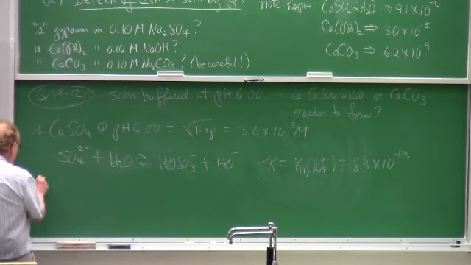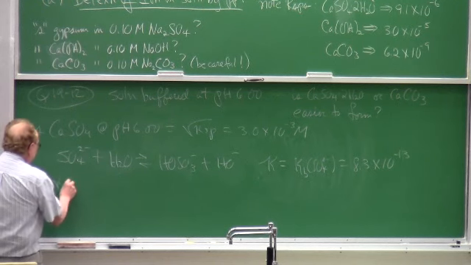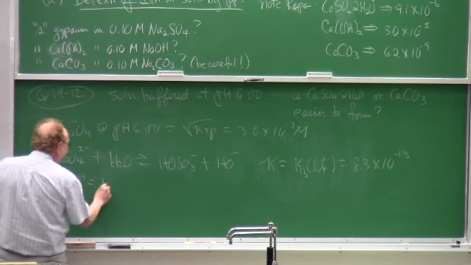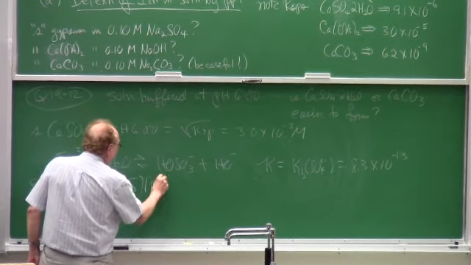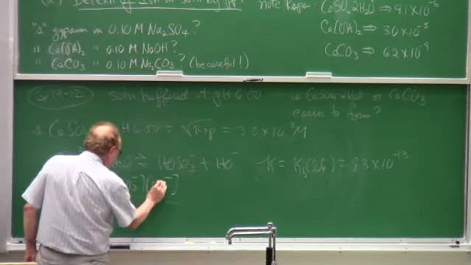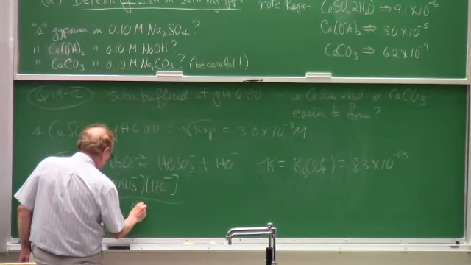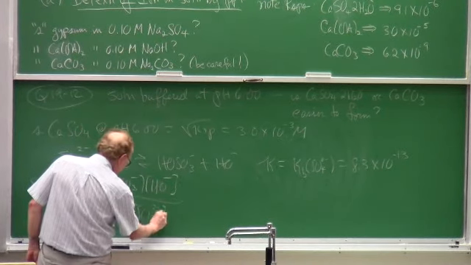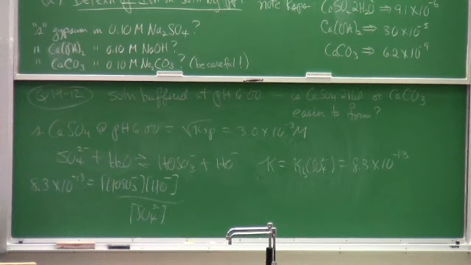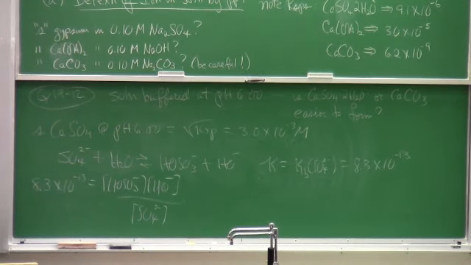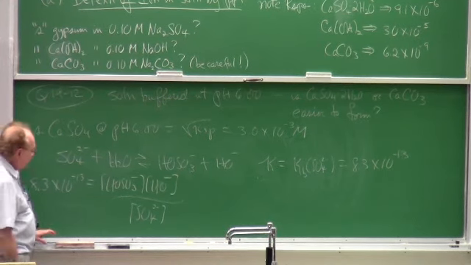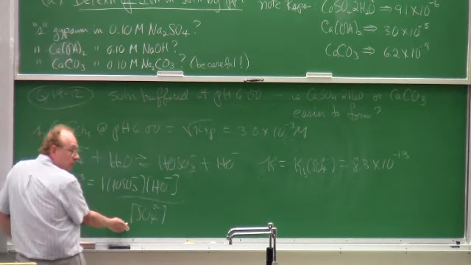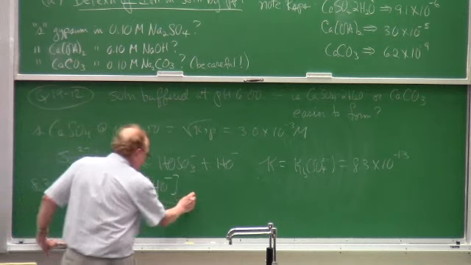So I'll write the equilibrium constant. Now I'm going to rearrange this equilibrium constant so that it reads as a ratio of sulfate ion over hydrogen sulfate ion.